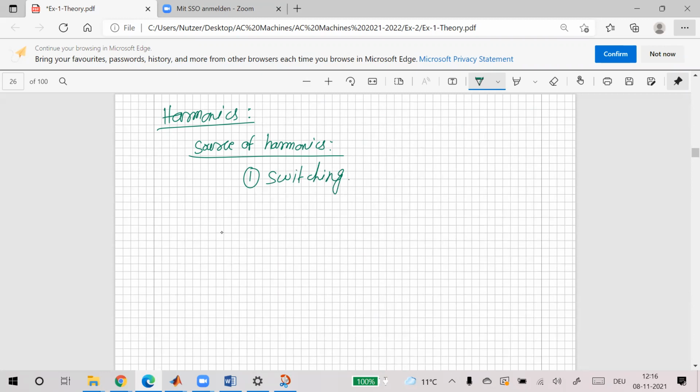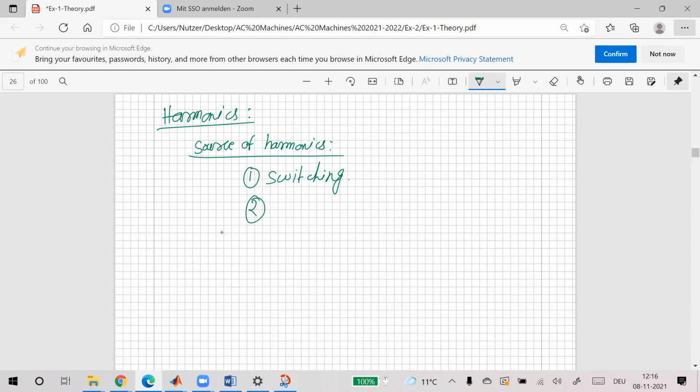You have converters, you switch. You basically do on and off with a different frequency. It can be the same frequency, it can be different frequencies, so it makes some harmonics. Like a rectangular waveform makes some harmonics. Yeah, so that's one thing.